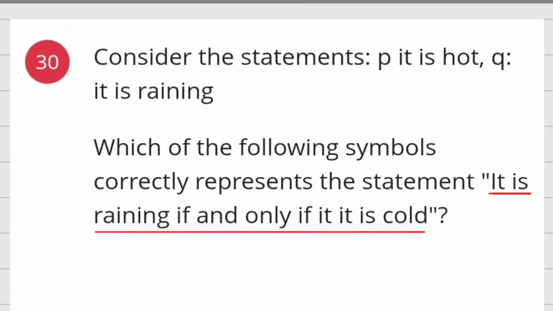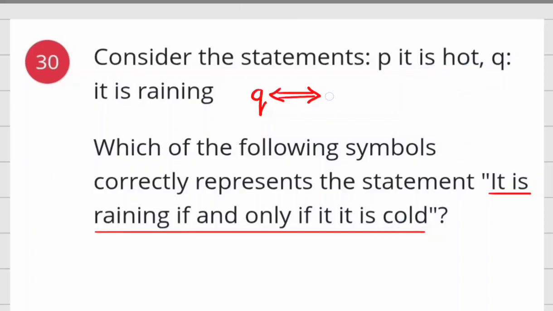It is raining means Q. Statement Q. It is raining means Q. So let's jot it down from here. Q. If and only if means biconditional statement, this, if and only if it is cold. But here, we are not told that it is cold, which means negation of it is hot.